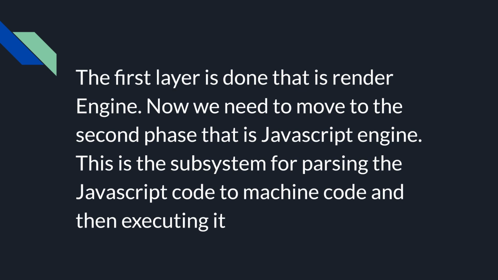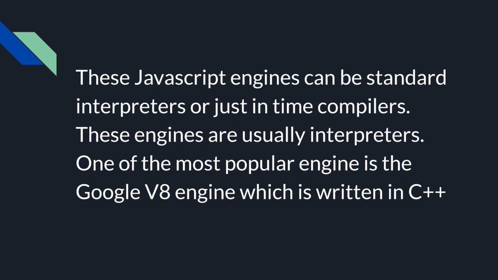This is the subsystem for parsing the JavaScript code to machine code and then executing it. So here it will parse the JavaScript code to machine code and then execute it. These JavaScript engines can be standard interpreters or just-in-time compilers.